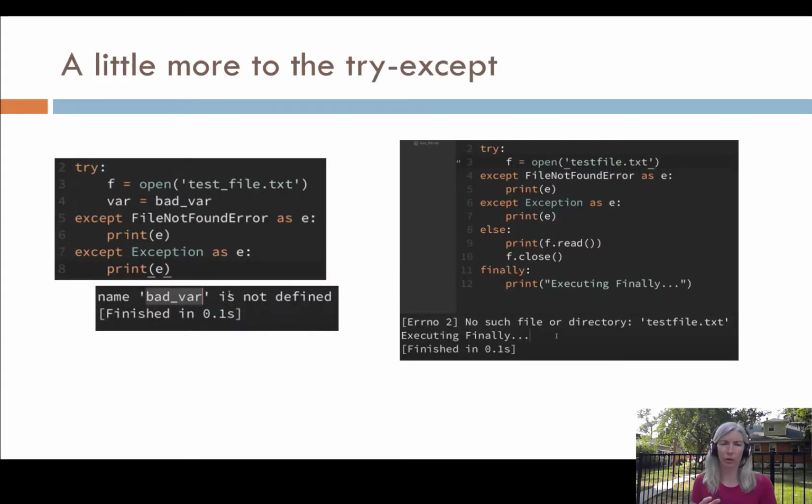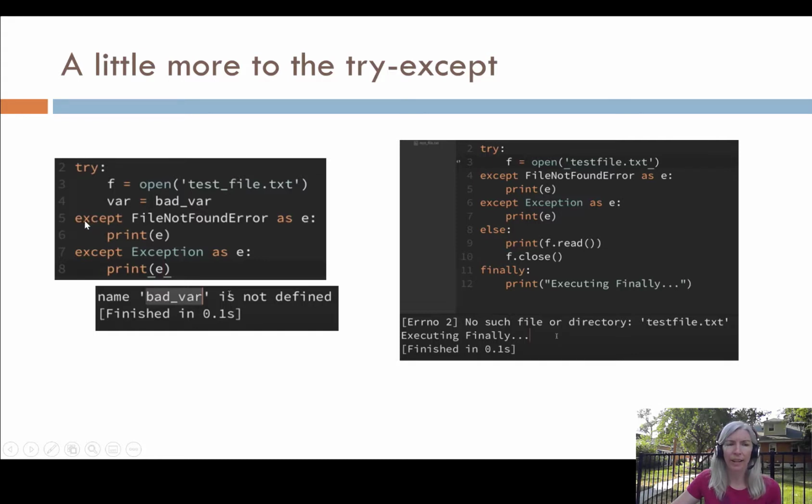Try except can actually do a little bit more. We're not going to go that far probably in this class, but just so you know, here's an example. This is from one of those videos in the YouTube playlist by Corey Schaefer. Here we're trying to open a file, and we're setting up a variable called badvar. The exceptions here are if this file can't be found, or if there's something else going on.